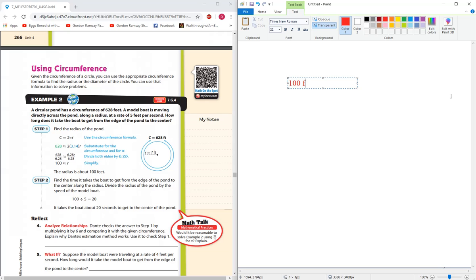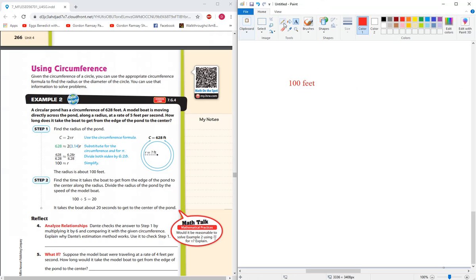We have 100 feet, and I'm going to put that over 1, and we're not going to multiply, we're going to divide it by 5 feet per second.